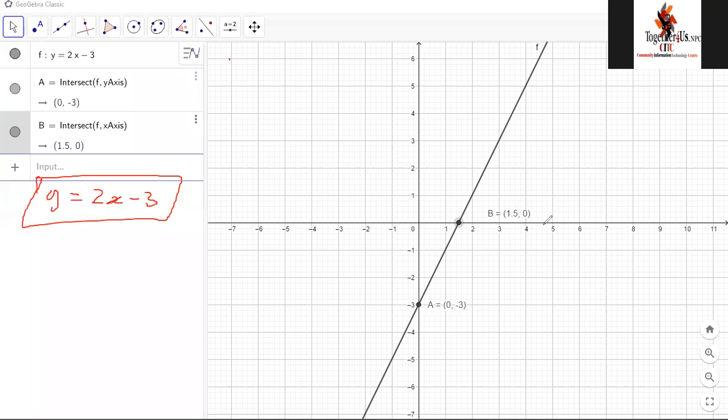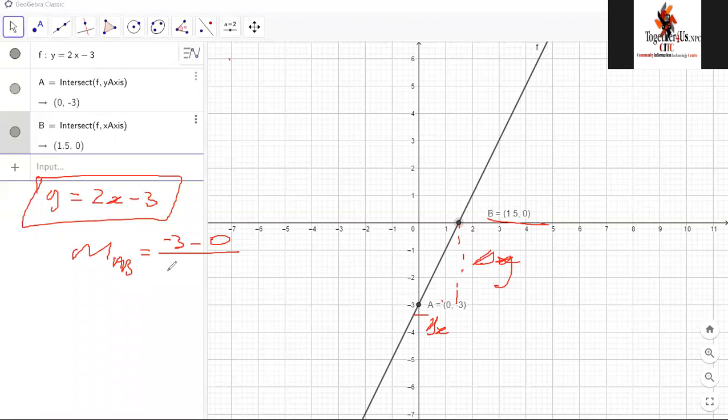Now, to quickly find the gradient, we're going to use these 2 points here, A and B. They are on the line. So if you remember our definition of a gradient, it is change in y over change in x. And so I'm going to look for the gradient of this line using points A, B. We can see that it is going to be minus 3 minus 0, starting at A, going to B, over 0 minus 1.5.